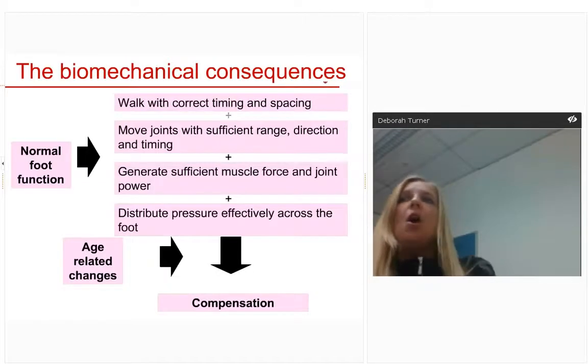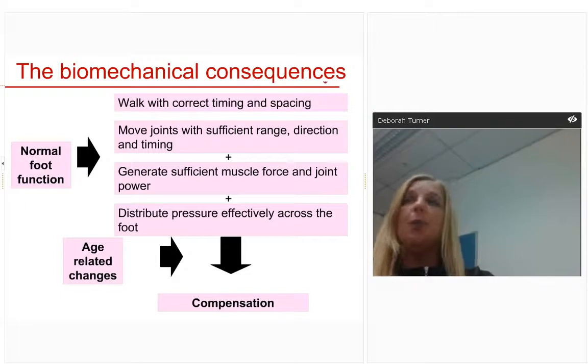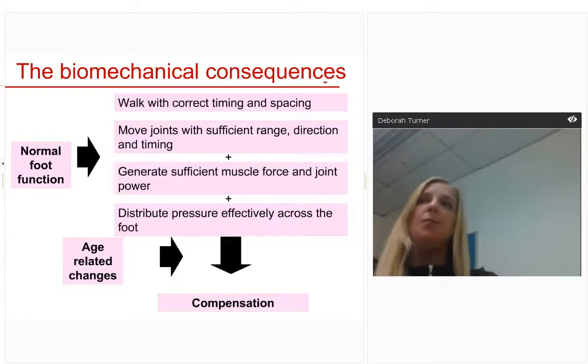So really, when we consider normal foot function, we consider that people need to be able to walk with the correct timing and spacing, which we often refer to as temporal and spatial parameters of gait. The joints would need to move with sufficient range and in the appropriate direction, and the timing would need to be appropriate. We need to ensure that the muscles would generate sufficient force and joint power to be able to bring the body over the stationary foot.